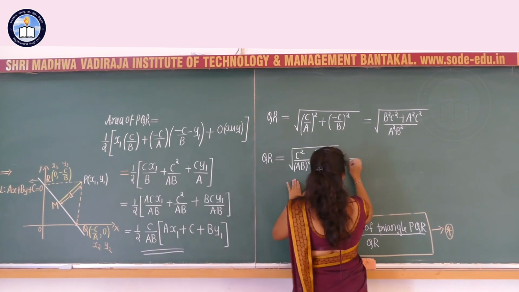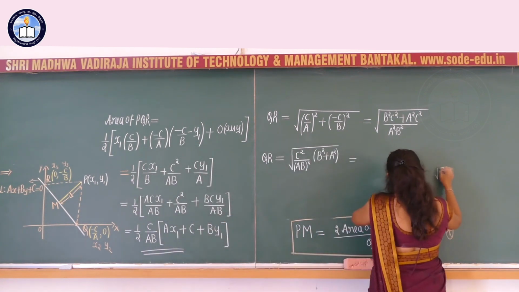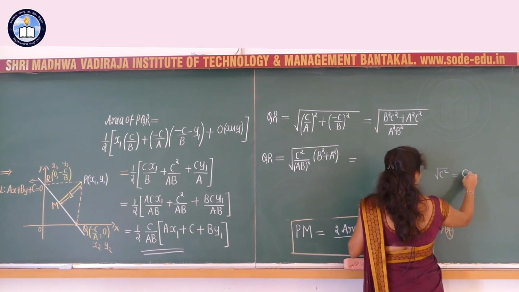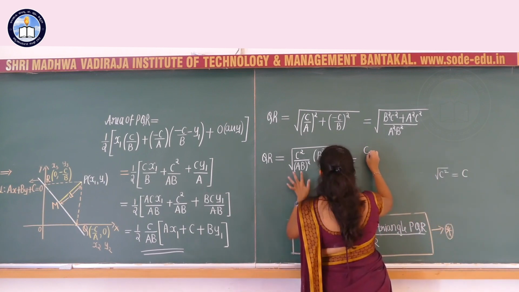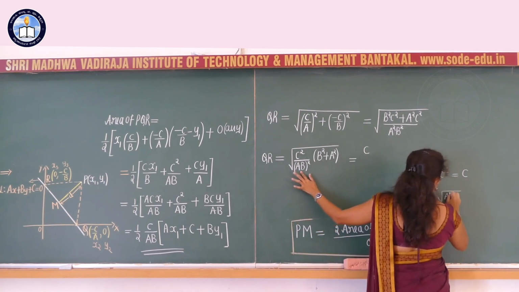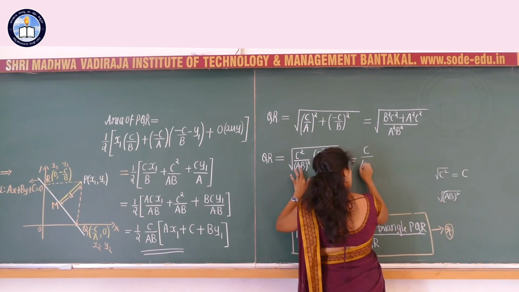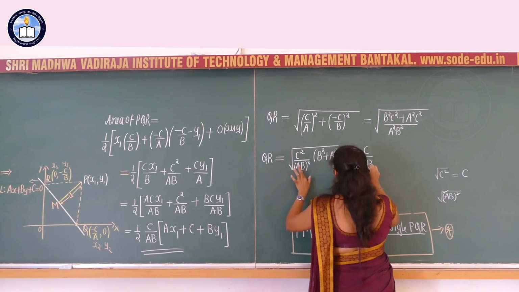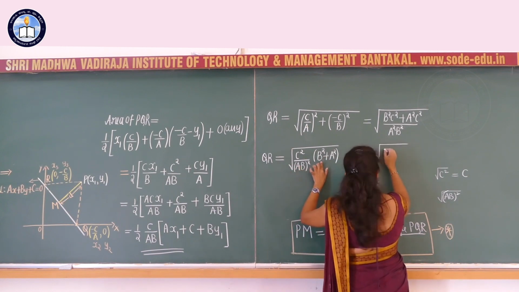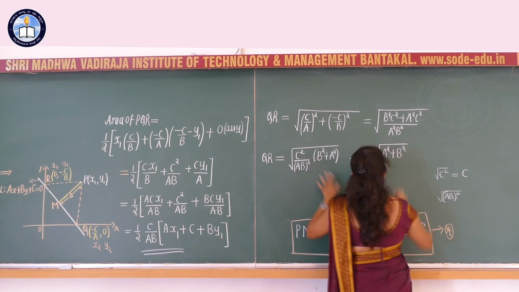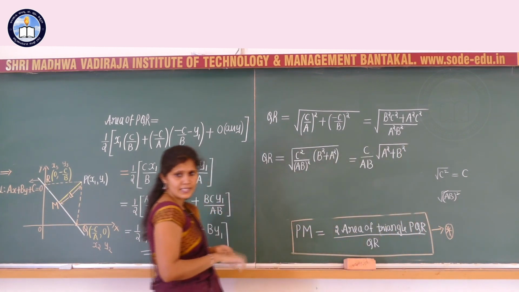Now what is root of c square? It is nothing but c. And what is root of (ab) whole square? The 2 cancels with the square root, that is nothing but c divided by ab into root of, we are remaining with a square plus b square, or that is nothing but b square plus a square.